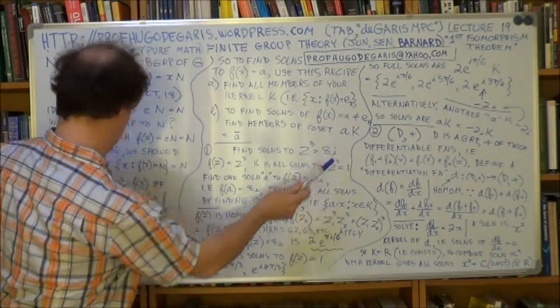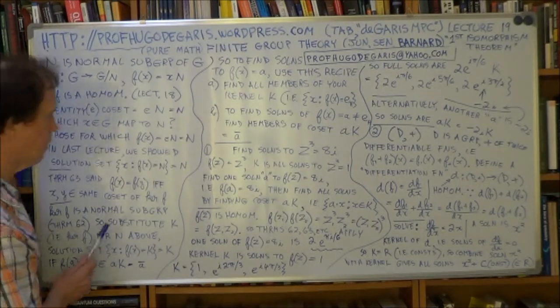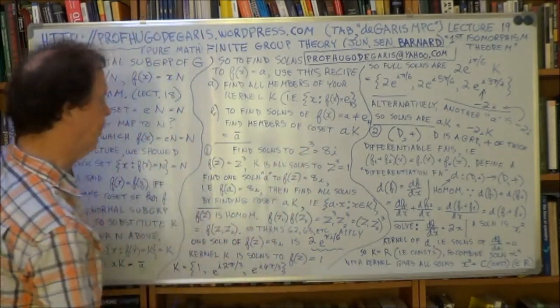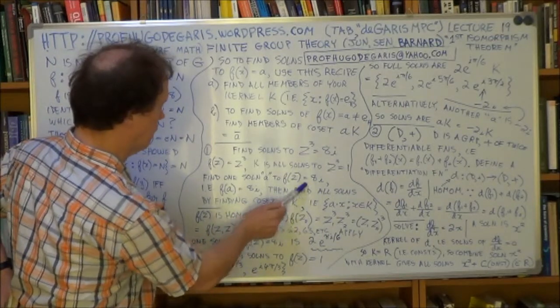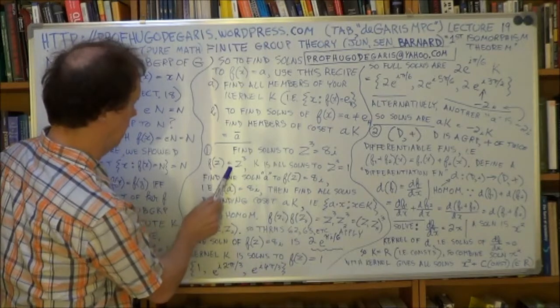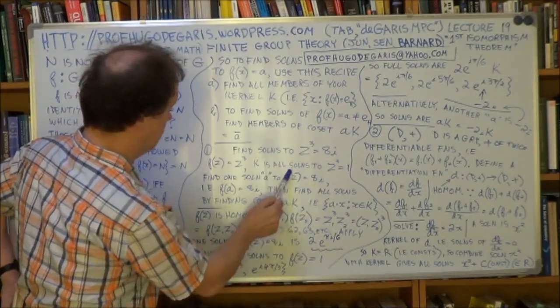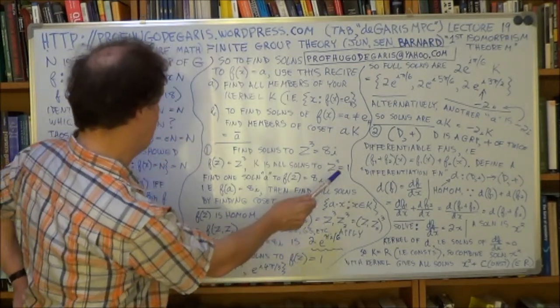So just find a solution to that, and let this be my little a, in a sense. F of something maps to a, little a. So let a be 8i. We're trying to find a solution to this, because f of z is z cubed. Z cubed is 8i. So we're trying to find a solution to this problem: f of z equals 8i.